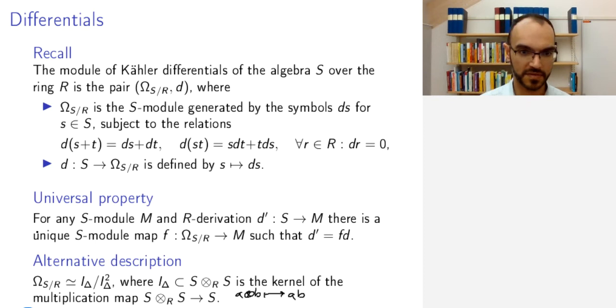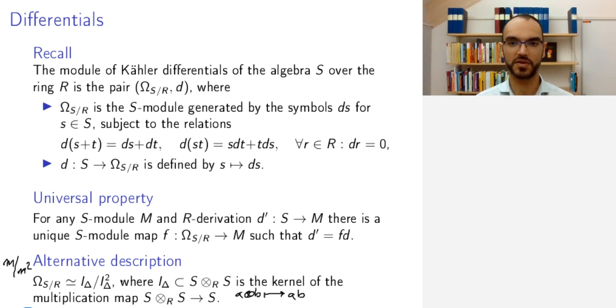The reason we are interested in these Kähler differentials is that we can take the fiber, so to speak, or tensor with K, and then we see that what we get is exactly the tangent space, this m mod m squared, or the cotangent space rather, at the point P. So in order to get a cotangent space globally, we need to globalize this into some sort of sheaf.